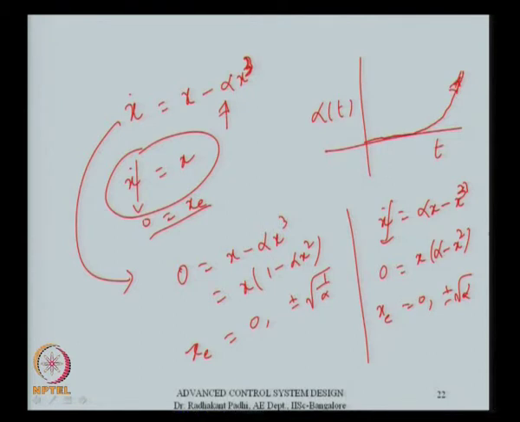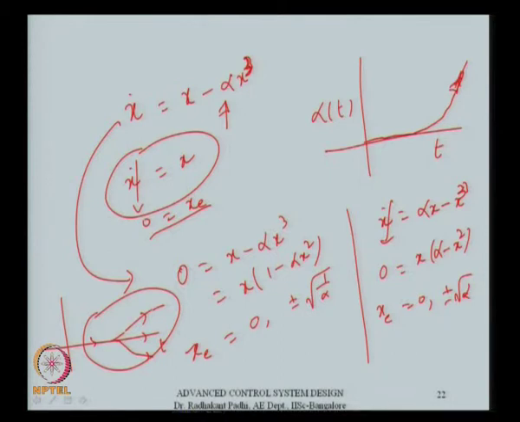Then what happens when alpha goes on increasing? If you plot xe versus time, initially it was 0, 0, 0, suddenly it goes up. So, there will be 3 equilibrium points later. This kind of bifurcation behavior is called pitchfork bifurcation. It is like some sort of a fork kind of idea.